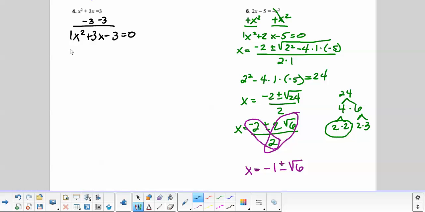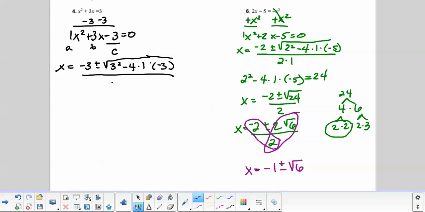So my A is 1, my B is 3, and my C is negative 3. x equals negative B plus or minus the square root of B squared minus 4AC, over 2 times A.